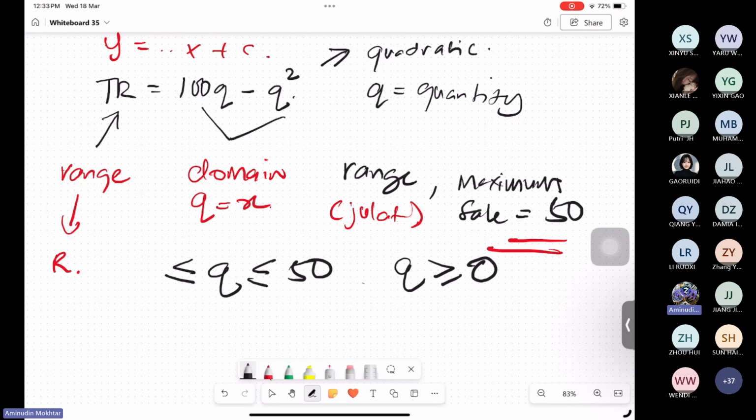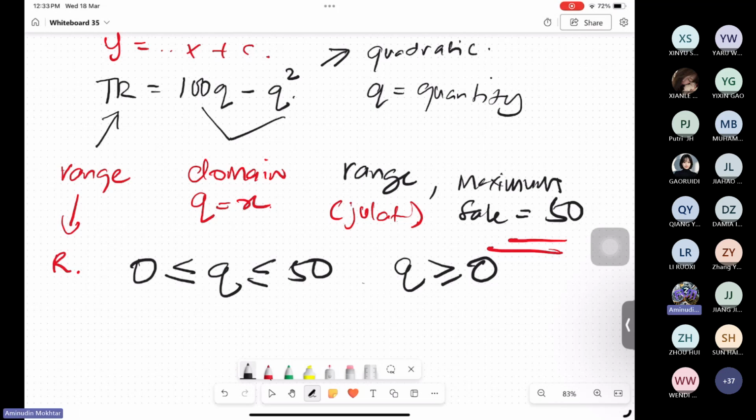But now we know that Q is domain. Q represents X, but the value of Q must be positive. Since the question gave the maximum value of 50, the range for Q must be between 0 and 50. Why do I start with 0? Because the value of Q must be positive and above.